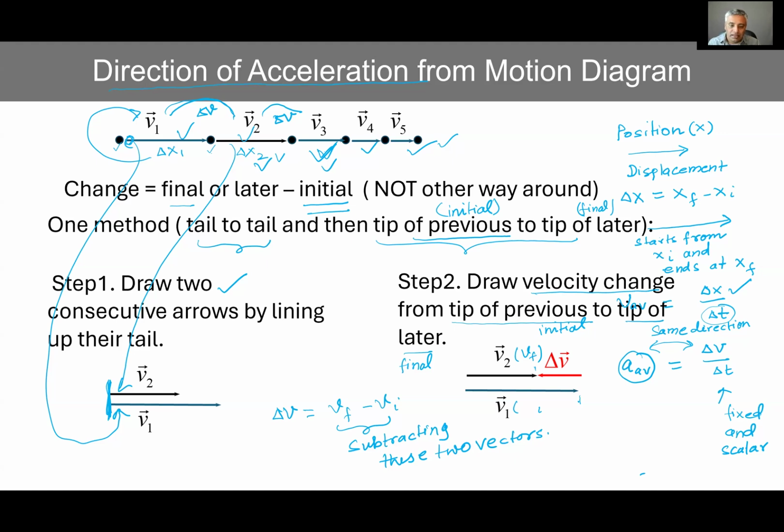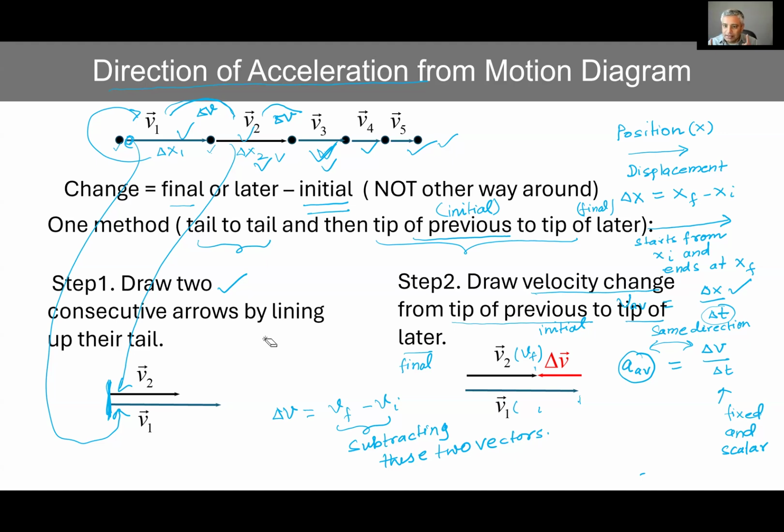So for example, if I were to subtract 3 and 4, I may get maybe 5. That's possible. So that's why following this rule is important. Okay. So whenever you see vector quantities like position, displacement, velocity, acceleration, be careful about direction. Pay attention to the direction as well. Okay. So that's how we draw it.